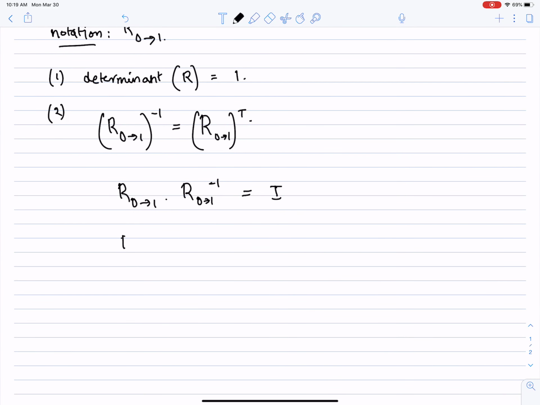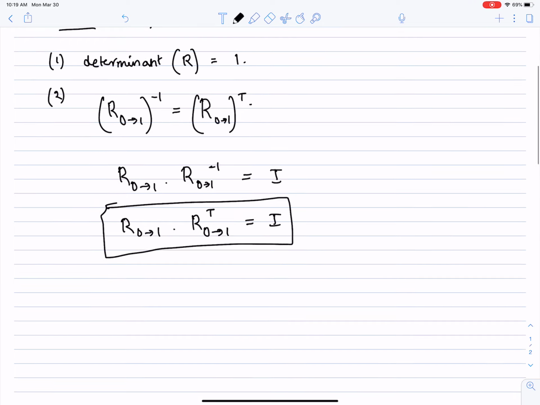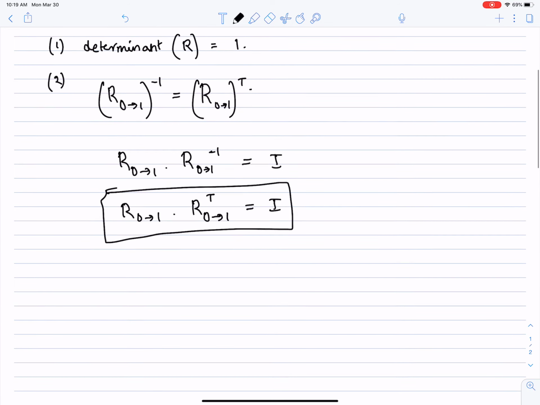But because we've said that the inverse is a transpose, this equation is true. So, i.e., for any rotation matrix, R R transpose equals identity.